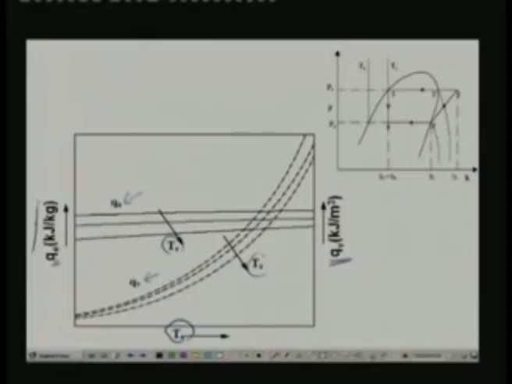And the specific refrigeration effect also increases as condensing temperature decreases. That means Q_E increases as T_E increases and T_C decreases. But as I said, this effect is not very large, it is marginal.